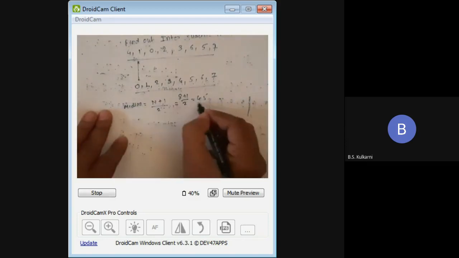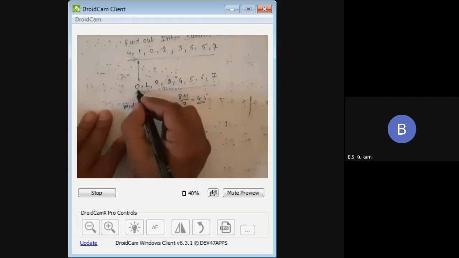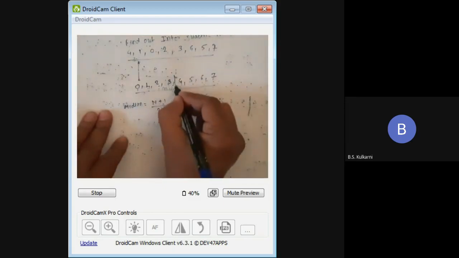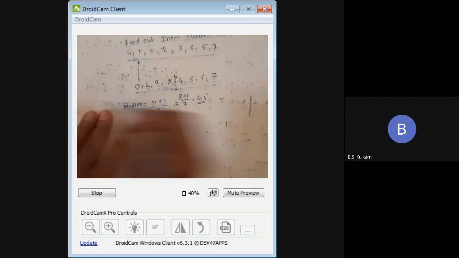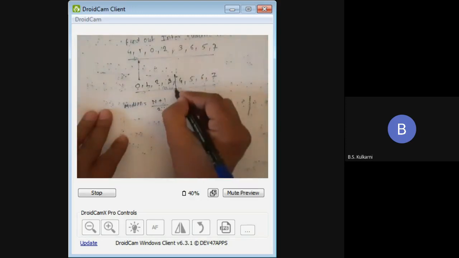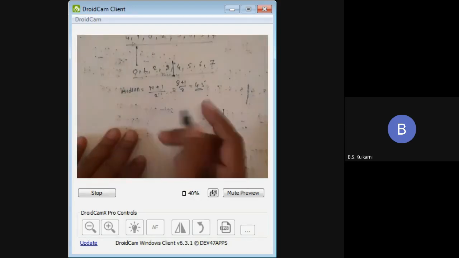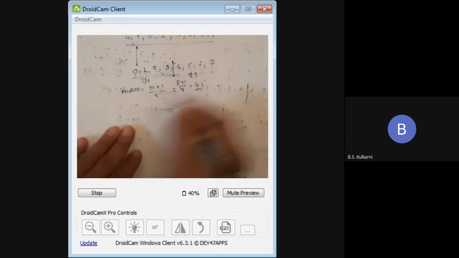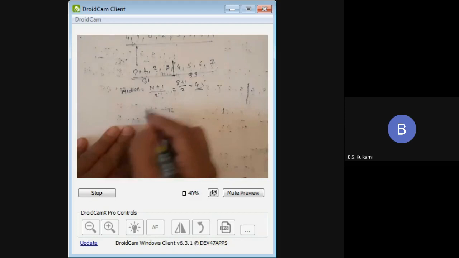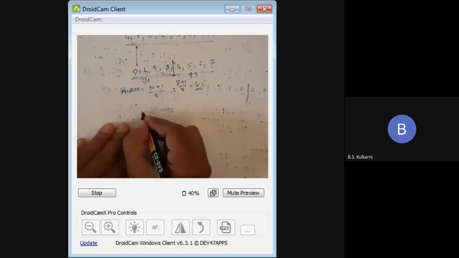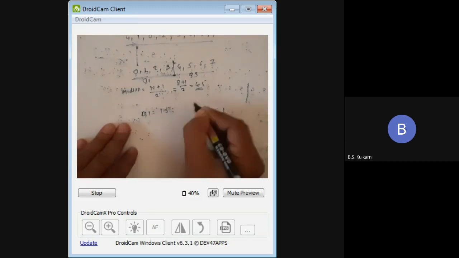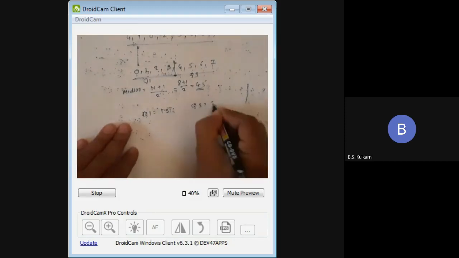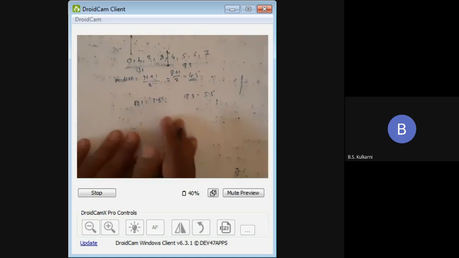So 4.5 means the fourth item comes here. So this is your Q1, this is your Q3. Again find out the median. I think Q1 is equal to 1.5 and Q3 is equal to 5.5, right?